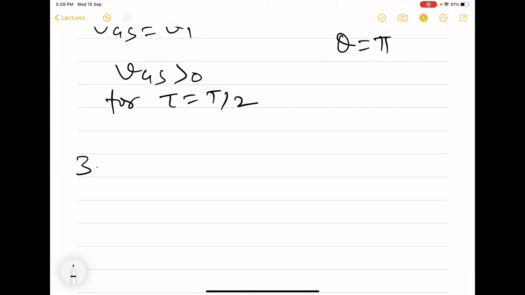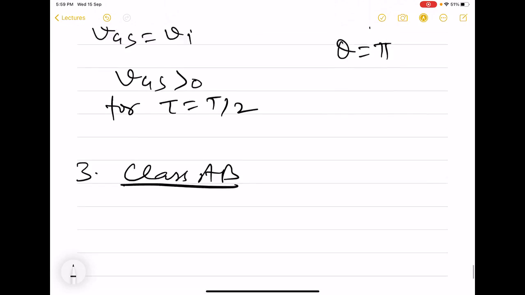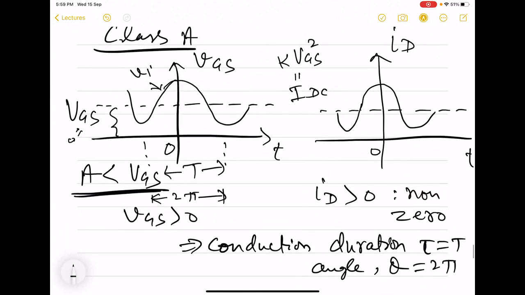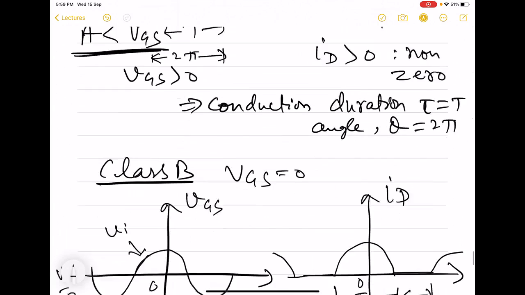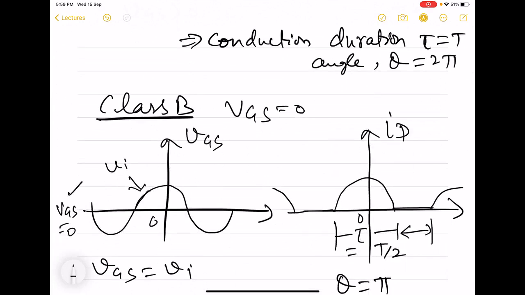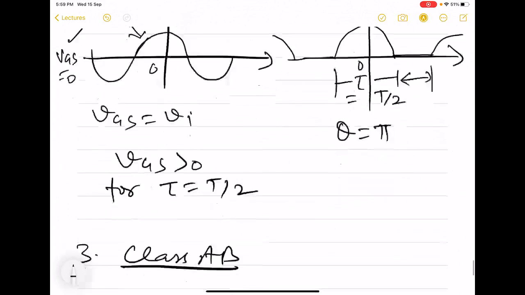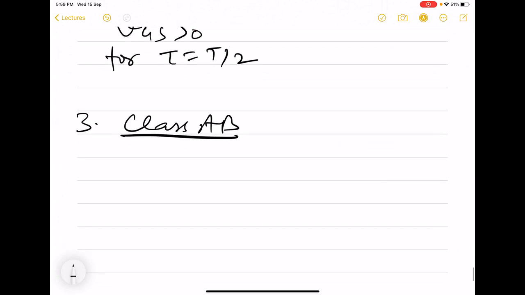Now for class AB, what we do is that we now take this VGS to be less than this case of class A, but more than the class B case. That means we take VGS now to be somewhere between 0 and the amplitude of the input signal.